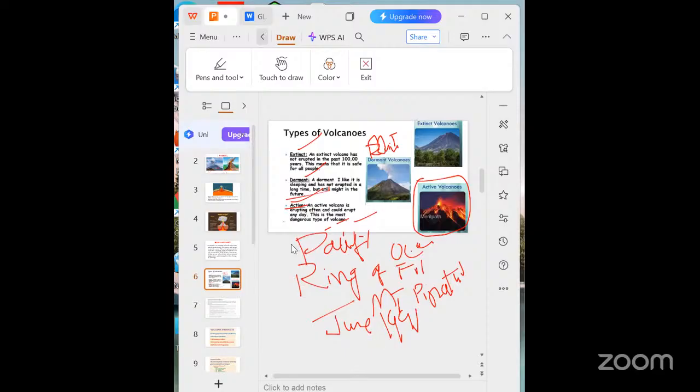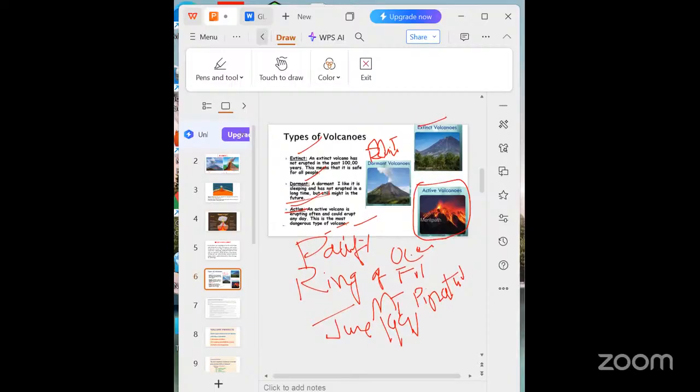And the last one is extinct volcano. An extinct volcano has not erupted in the past 10,000 years. This means that it is safe for all people, no harm.